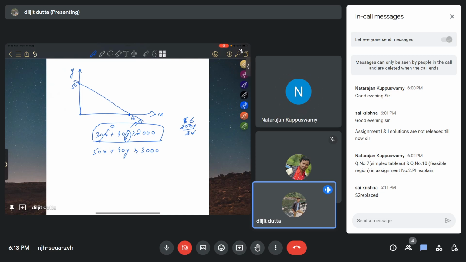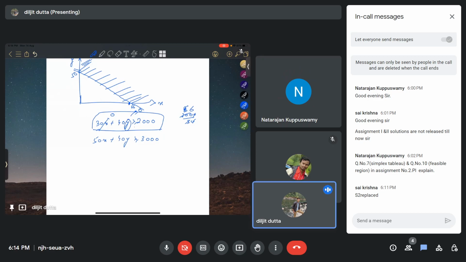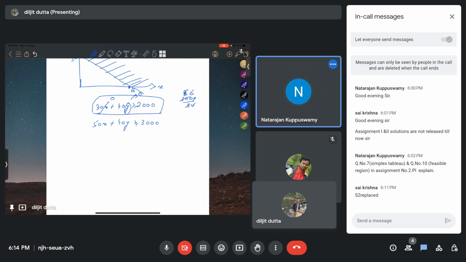You see there is a greater than or equal to constraint. Greater than or equal to means all the values are greater than this line, so all the values will be in the outer part of this line. Next, the second constraint is 50x plus 40y greater than or equal to 3000. For this equation, we put y equal to 0 and get x equals 60.